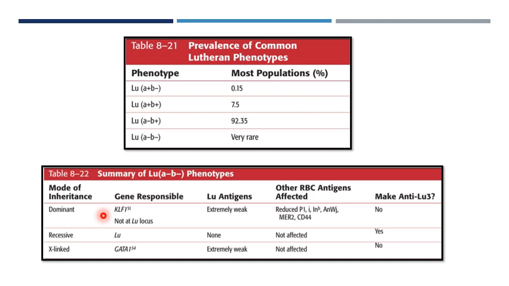So there will be extremely weak Lu antigens, and other RBC antigens are affected, so P1, INB, AnWj, MER2, and CD44 are reduced. And this phenotype does not make anti-Lu3.